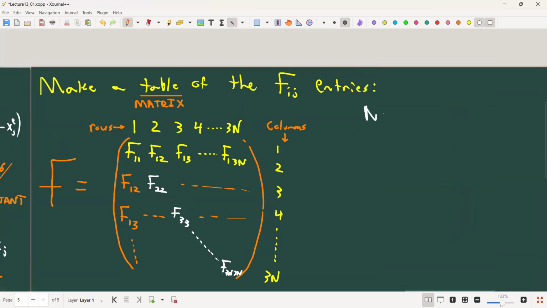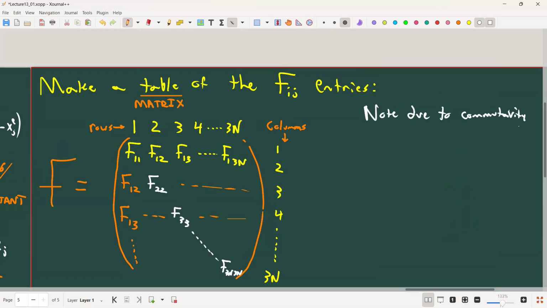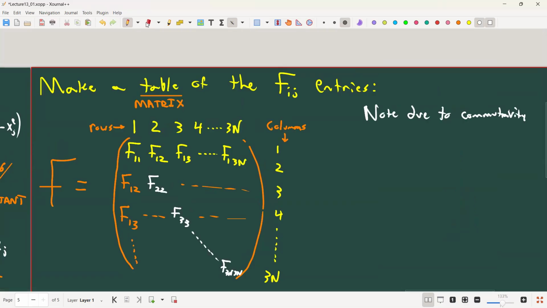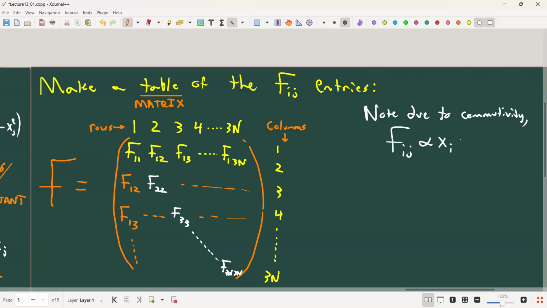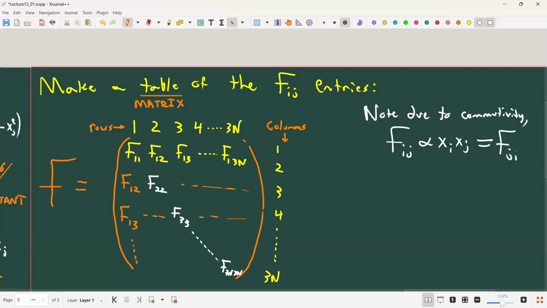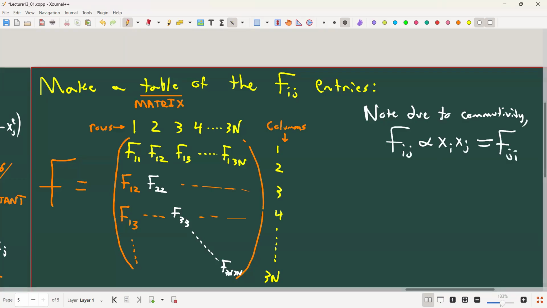Note, due to commutativity, Fij, which is proportional to Xij, is equal to Fji. So in fact, I don't actually have 3n by 3n elements that are unique.